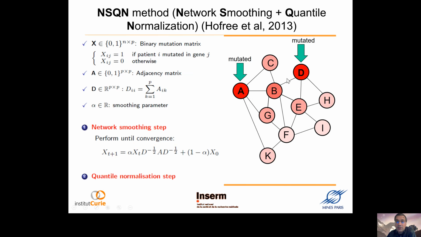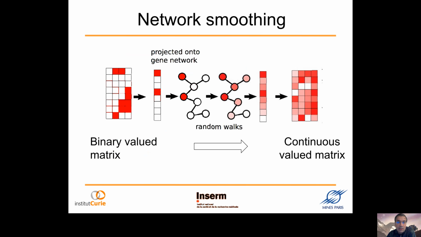So the intensity of the color here is proportional to the quantified effect of mutation on the members of the network. So this is the whole trick, which is summarized here.